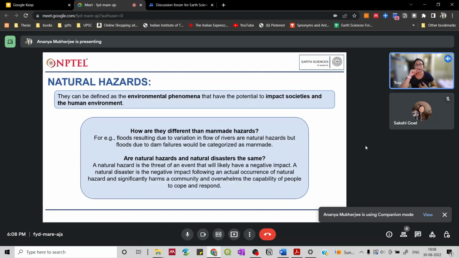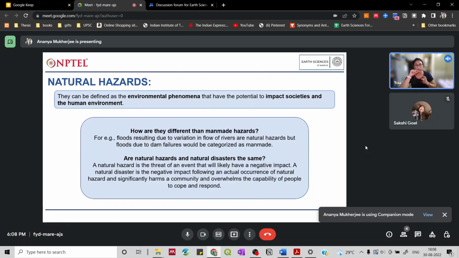But if the floods are caused due to a dam failure, that would be a man-made hazard, because a dam is obviously not a natural feature, it's a man-made feature. So if a flood is caused due to man-made structures or man-made faults, then it would be described as a man-made hazard.